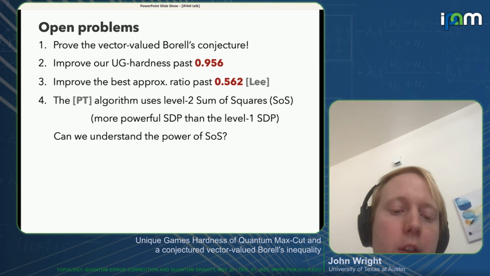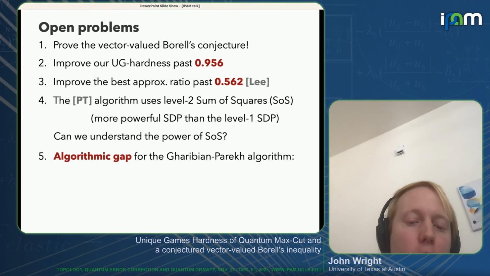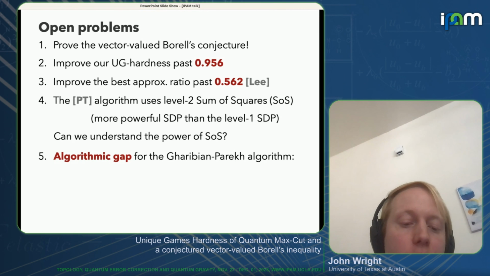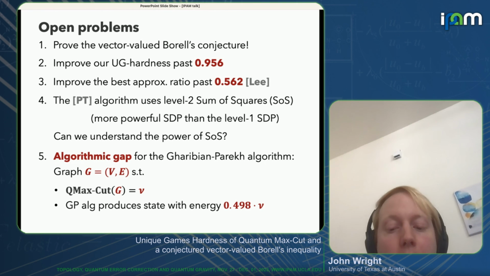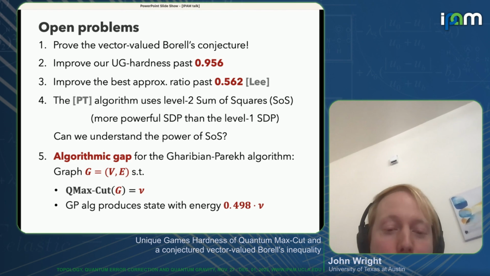The last thing I really want is something called an algorithmic gap. I gave an integrality gap for the Gharibian-Parekh algorithm, which shows when the SDP does poorly. But we don't actually know of a graph G where the quantum max cut of the graph is some value V, but Gharibian-Parekh produces a state with energy 0.498 times V. You remember, we just proved in the Gaussian graph that Gharibian-Parekh actually gets the optimal answer there.